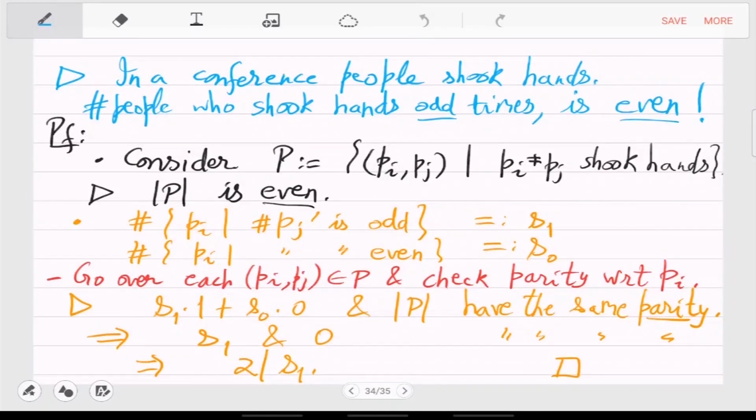Okay, so using this trick, we can prove, for example, that the number of people who shook hands an odd number of times is even. And there are many examples you will see later. So that's counting in two ways. This is what we'll call this trick.